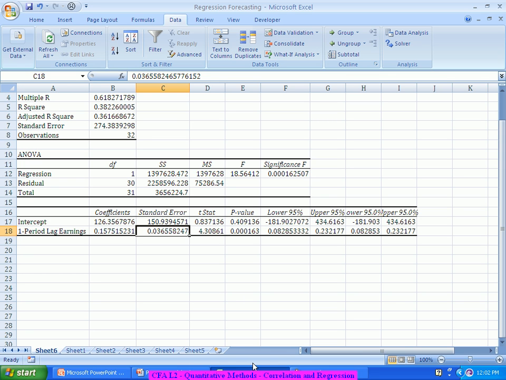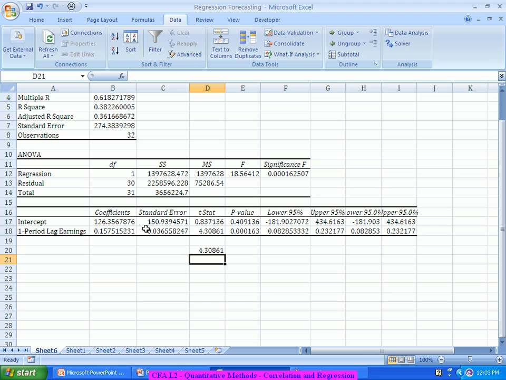The t-test I perform is the coefficient divided by the standard error, and that has come out to 4.3. So 4.3 is the coefficient t statistic.